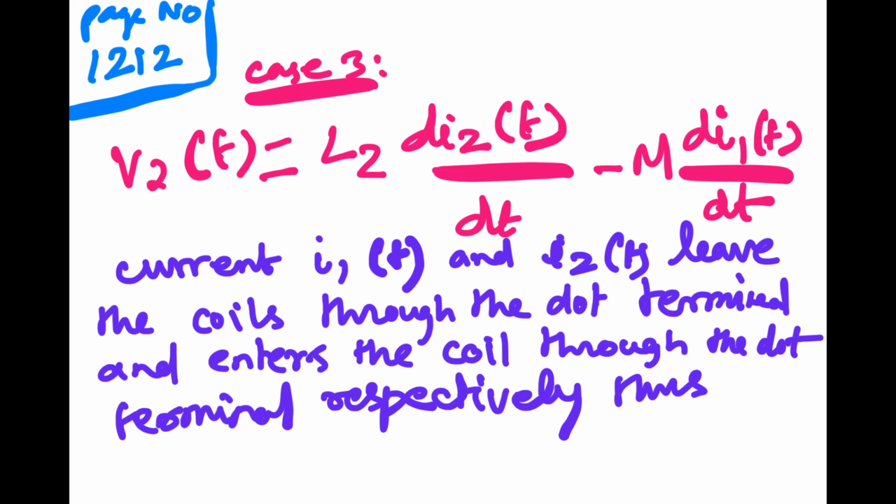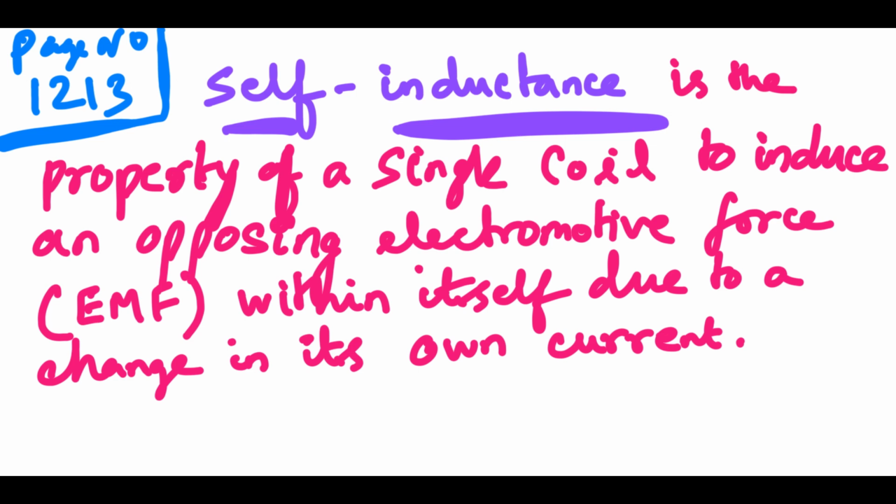Currents i1(t) and i2(t) leave one coil through the dot terminal and enter the other through the dot terminal respectively. Mutual inductance is opposite to the self-inductance, so put a minus sign.